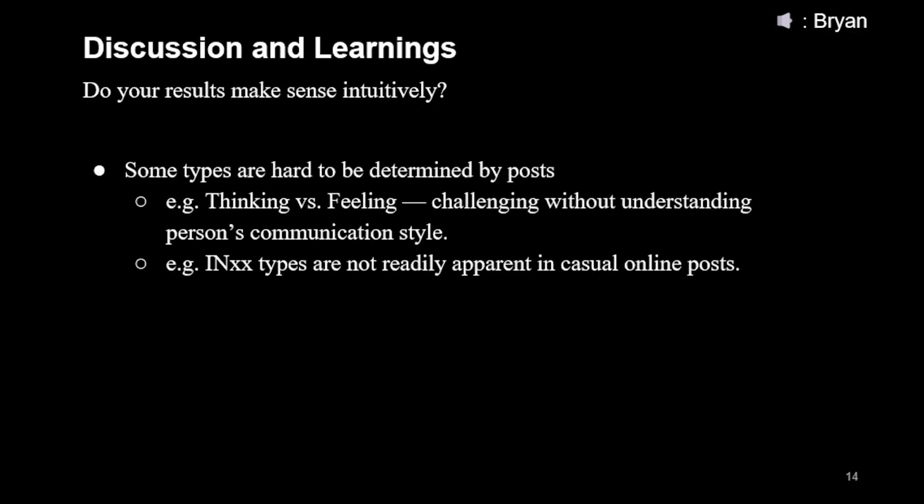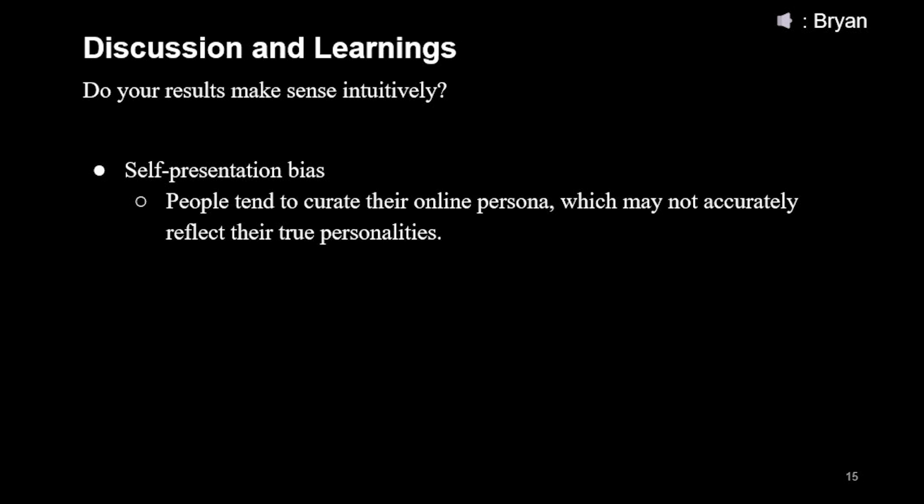And some types are even harder to analyze from posts, for example thinking and feeling, and some traits are not even available in online posts. Also, because of self-presentation bias, people tend to put on a mask for their online persona, so the result may not accurately reflect their real personalities.